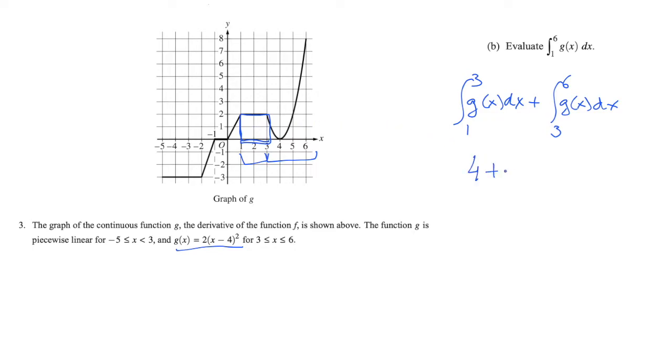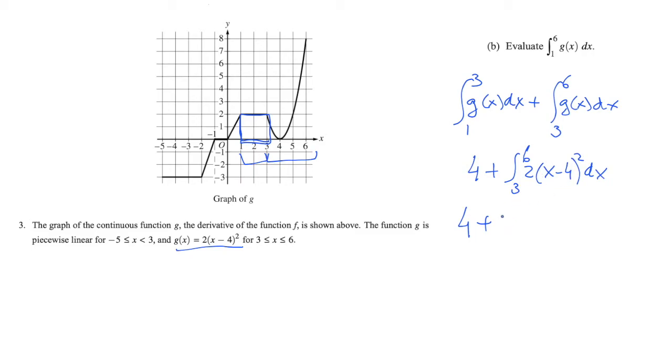And in the quadratic, we need to integrate the function. So we need to find the integral from 3 to 6 of 2x minus 4 to the power of 2. So 4 plus, and then to integrate, the best thing we can do is to develop first.